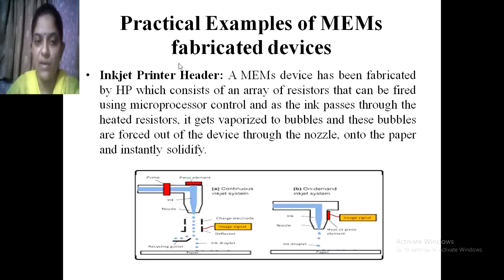The next example is the inkjet printer head. A MEMS device has been fabricated by HP, which consists of an array of resistors that can be fired using microprocessor control, and as the ink passes through the heated resistors, it gets vaporized to bubbles, and these bubbles are forced out of the device through the nozzle onto the paper and instantly solidify.